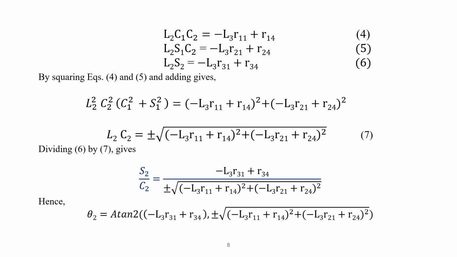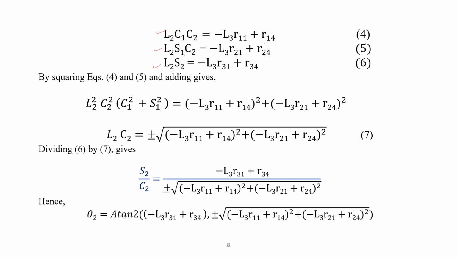Now from that you can equate the positional vector components. You get three equations as shown here, that is L2 C1 C2 equal to minus L3 R11 plus R14, and L2 S1 C2 is equal to minus L3 R21 plus R24, and L2 S2 is equal to minus L3 R31 plus R34.